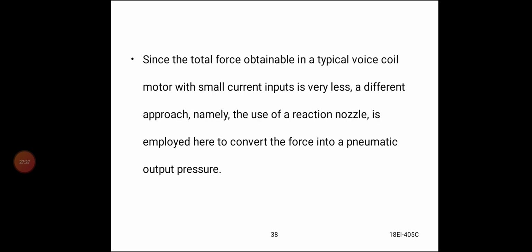The total force obtainable from a typical voice coil motor with a small current input is very small. A different approach, namely the use of a reaction nozzle, is employed here to convert the force into pneumatic output pressure.